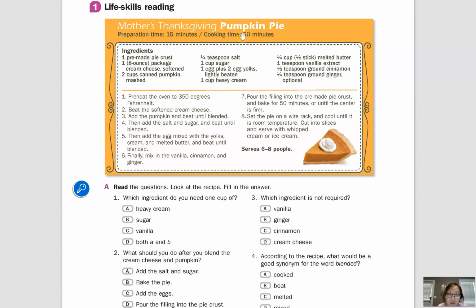That's just the title, of course, or the name of this pie, but it's likely a generic, basic style of pumpkin pie.